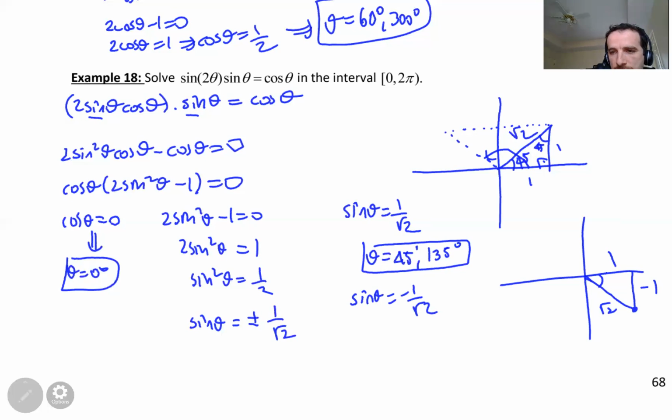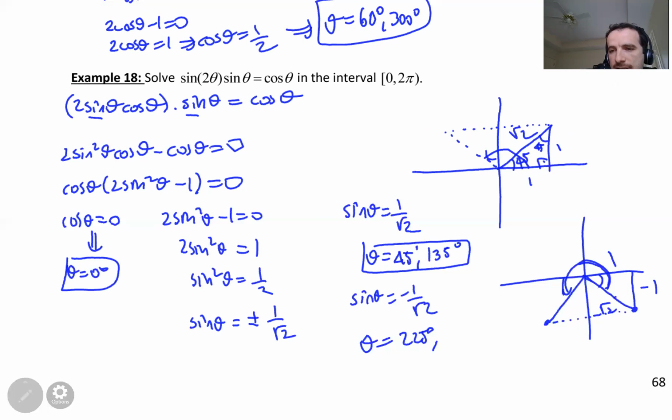So this angle's sine is negative 1 over root 2. But to get the other angle that gives the same sine, I should get this, right? And by symmetry, I should get this angle. So from there I get theta is equal, okay, these are 45, 45, right? So this whole angle will be then 180 plus 45, which is 225.